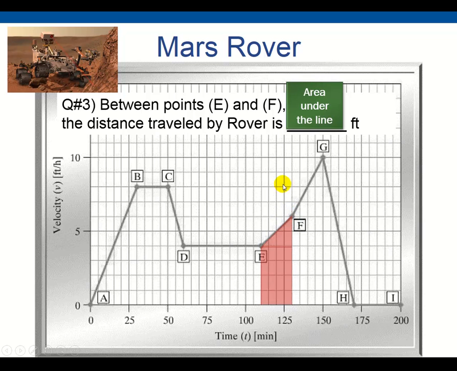In this case, we can calculate how much distance they moved, how much time they moved, and which velocity they are associated with. The area under the curve, this red area, is actually the distance the Mars rover moved within this time. Okay, the area under the curve is the actual movement.